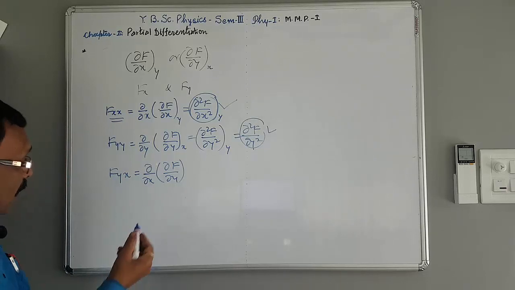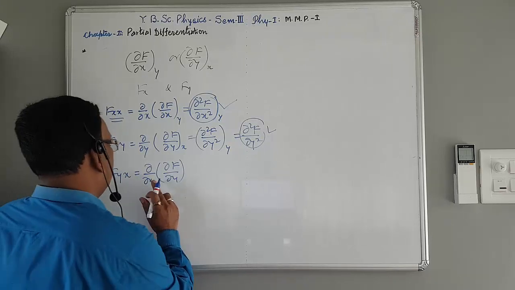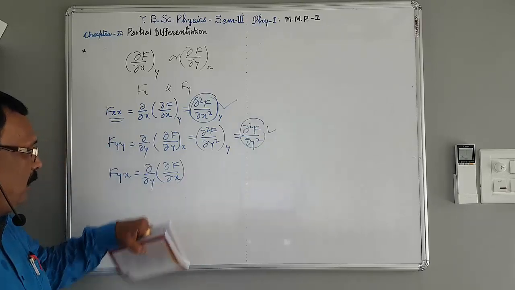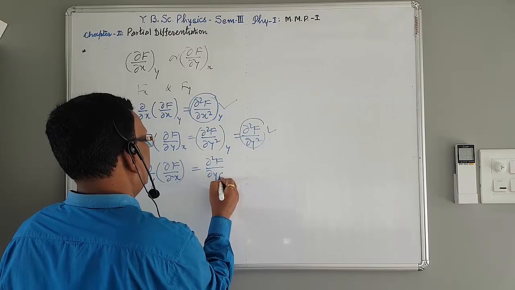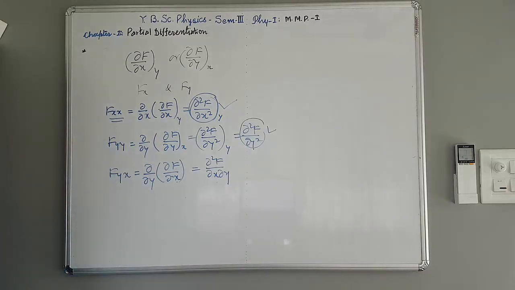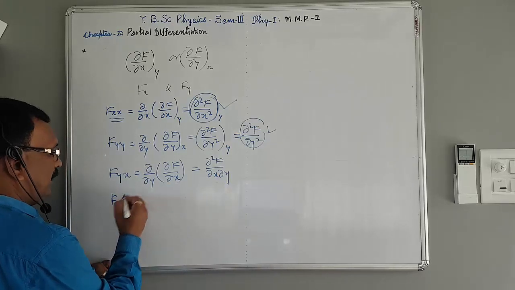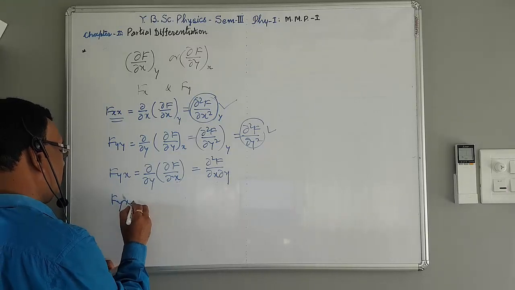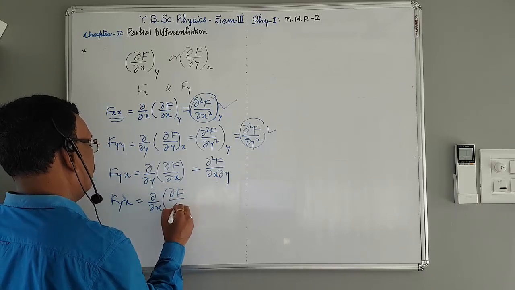Here we take the first order derivative of the function with respect to y and then differentiate with respect to x, giving ∂²f/∂x∂y. And in a similar way, if we differentiate the first order derivative with respect to x, then we have ∂/∂y of (∂f/∂x).